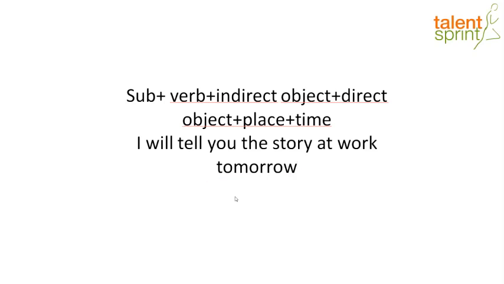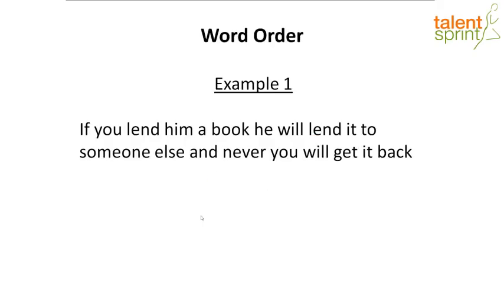Now, having this base understanding, let's look at our first example. If you lend him a book, he will lend it to someone else and never you will get it back. Are you able to identify where the error is? If you lend him a book, the first part of the sentence follows everything, right?